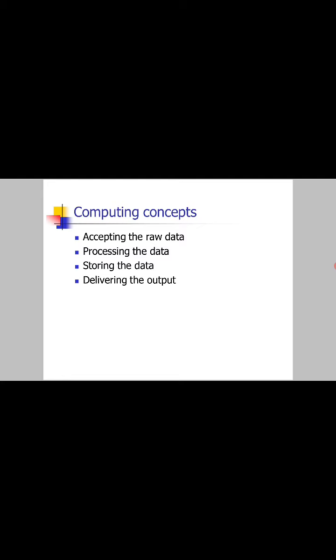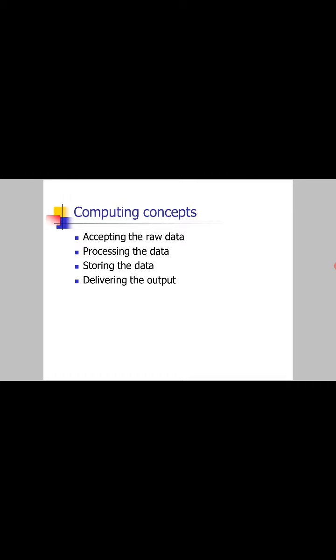It does some calculations, comparisons, like that, and gives some output or results to the end user through output devices. So this is the working of a computer, or the basic block diagram of a computer.